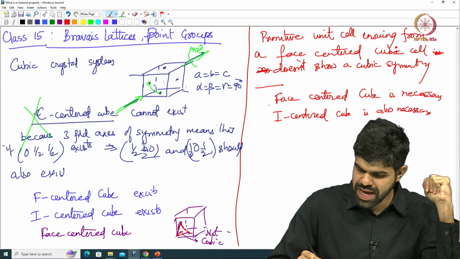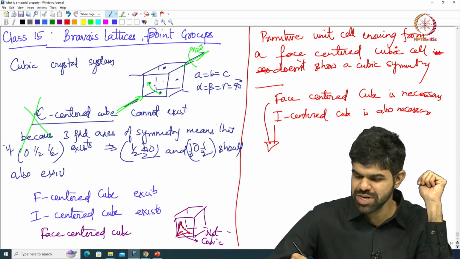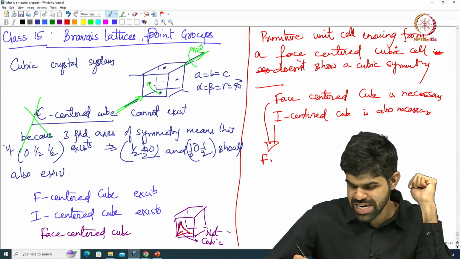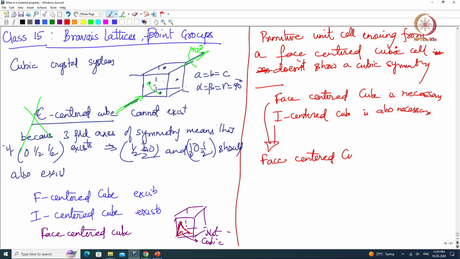In fact, these are two of the most popular Bravais lattices that one would have encountered. One is what is called the face centered cubic structure. These are for crystal structures, so you put a motif and then call it face centered cubic, the FCC, but FCC actually represents the lattice centering. Although we say that has an FCC structure, we confuse the crystal structure to be what is a lattice centering.